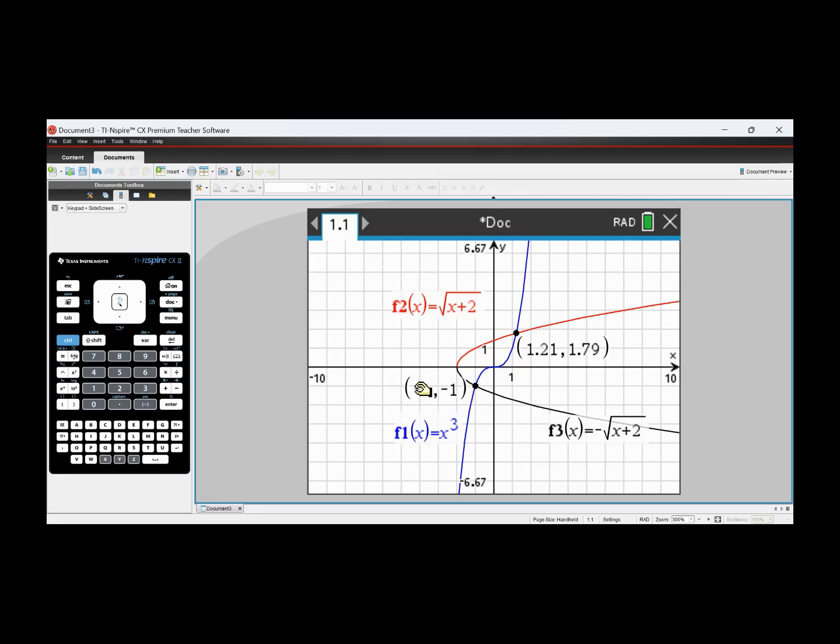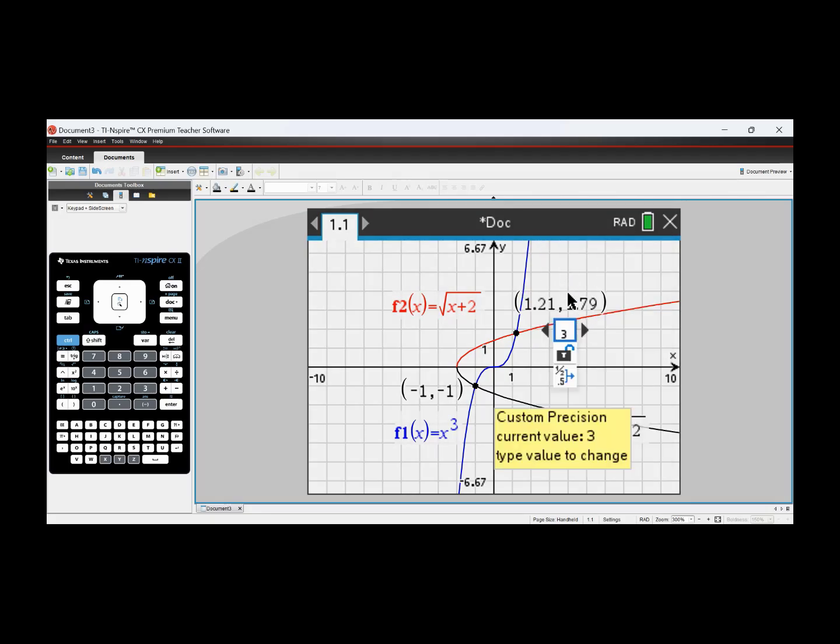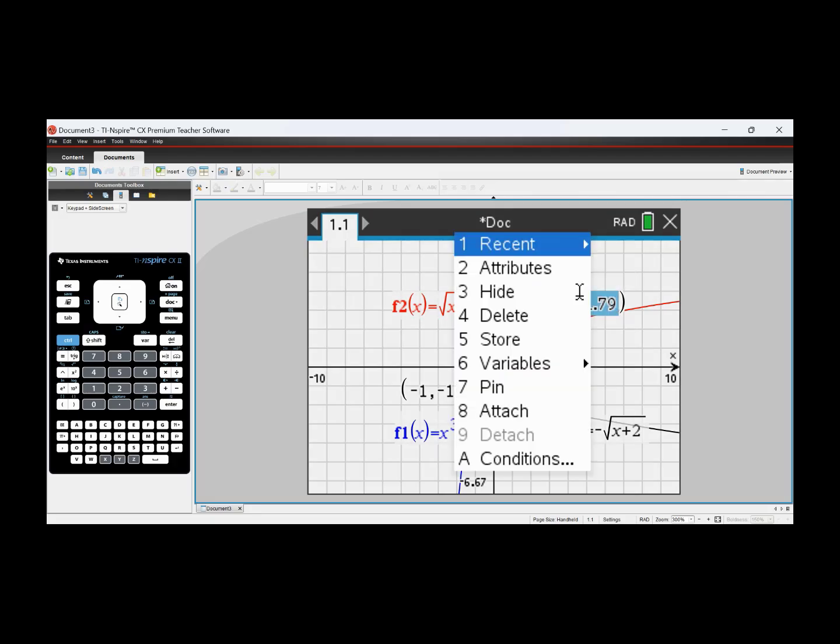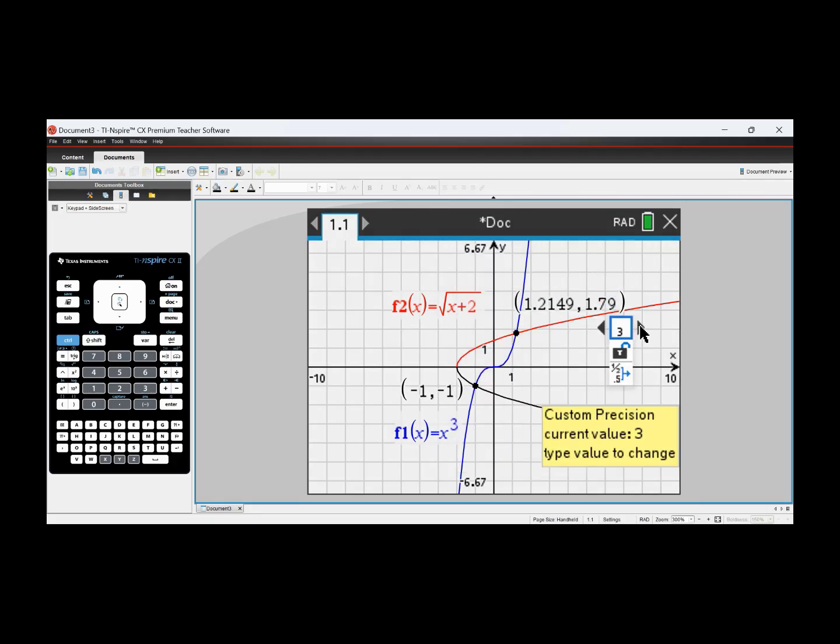So we have that our graphs are intersecting at the point -1, -1, and at this weird point at 1.21, 1.79. And I bet if we press control menu and hit attributes, there are more than 2 digits there. Okay, so remember, you always have to check that. That means those are rounded, and we cannot use the rounded values in our integrals.